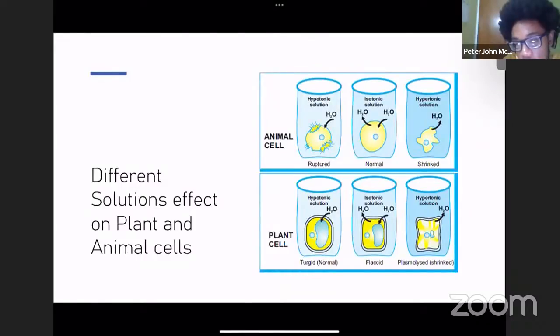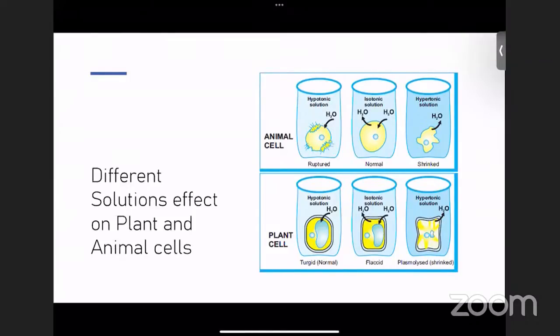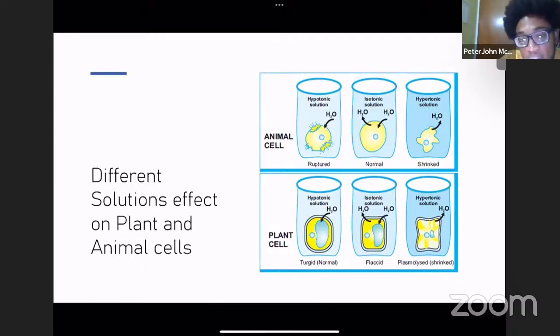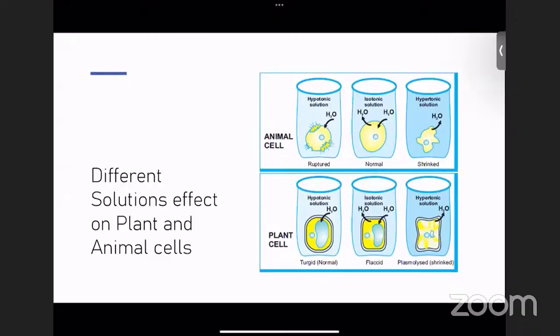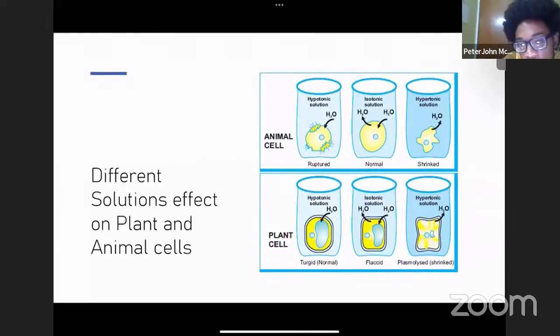So tell me what you're seeing. The plant cell has taken a lot of water and so it swells and bursts. The plant cell? Animal cell. The animal cell is taking a lot of water.